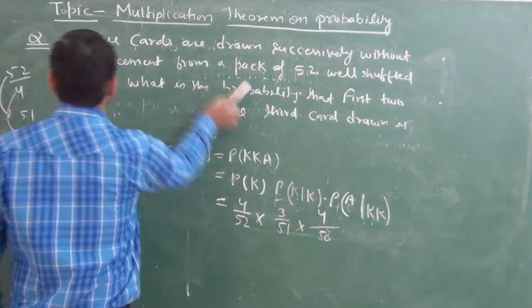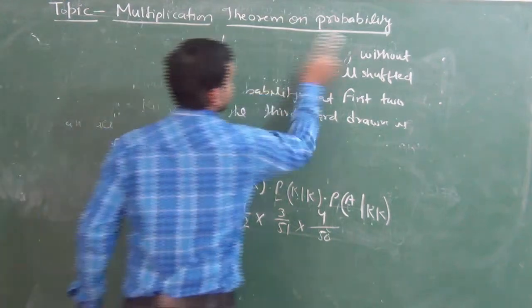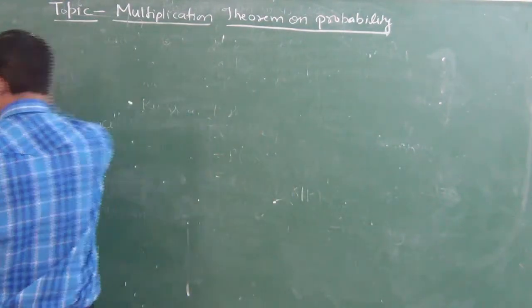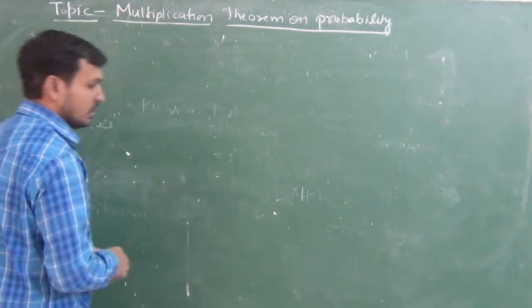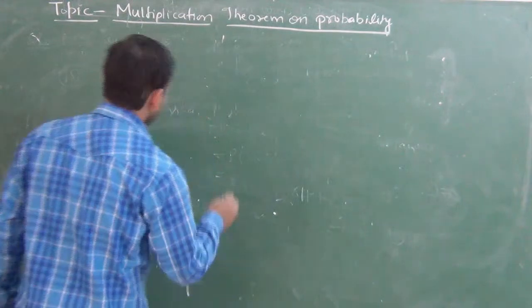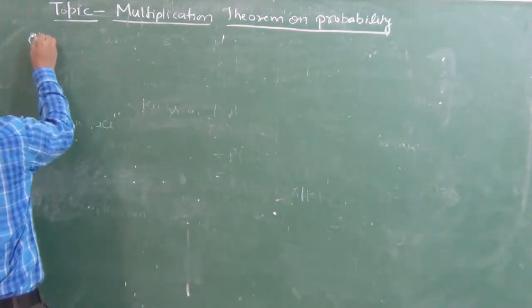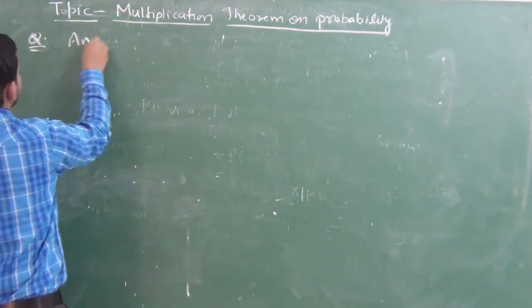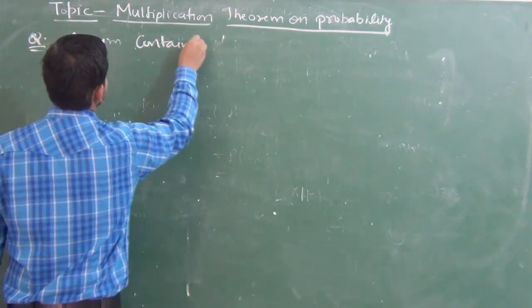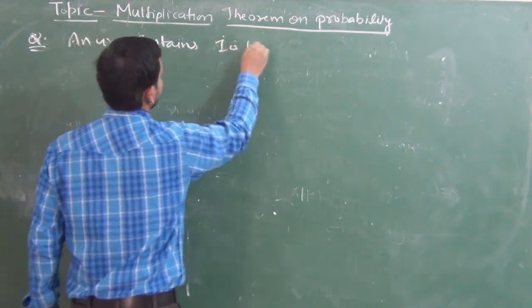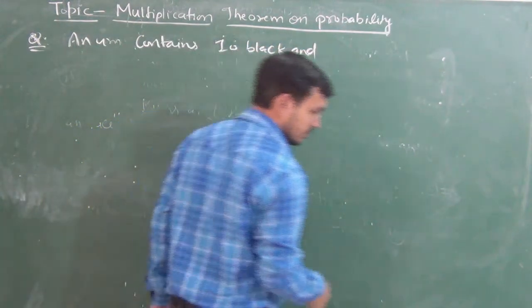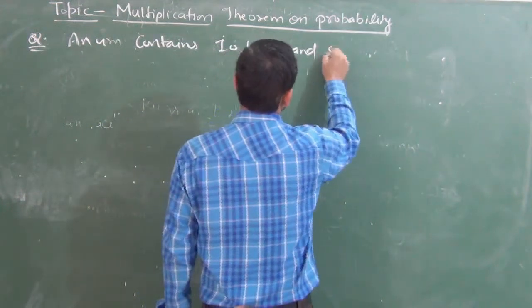And last question. The last question is, an urn contains 10 black and 5 white balls.